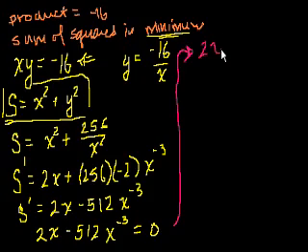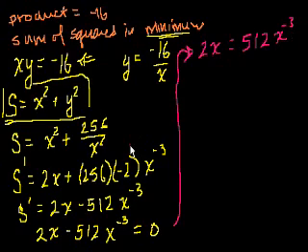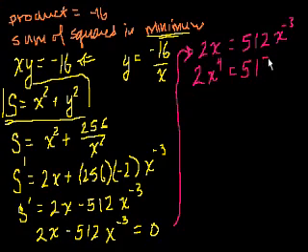So we get 2x is equal to 512 x to the minus 3. And let's multiply both sides of this equation by x to the third, just to get rid of this. If we multiply both sides by x to the third, we get 2x to the fourth is equal to 512.